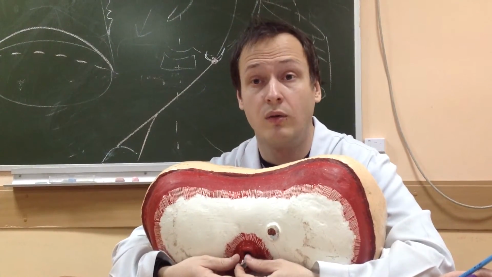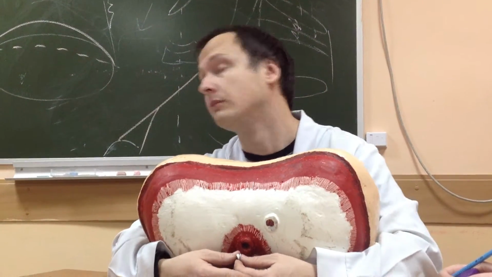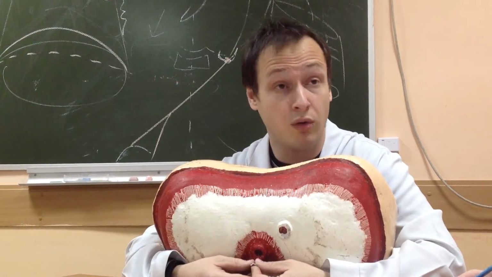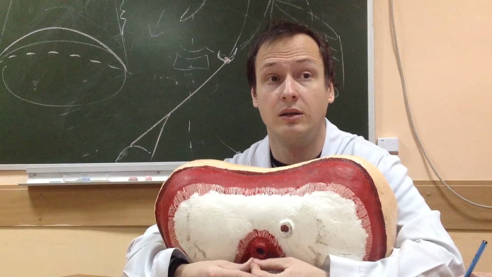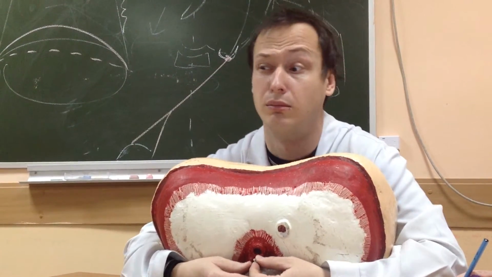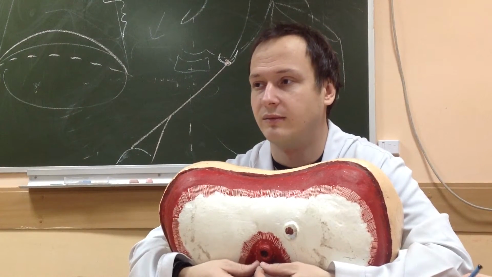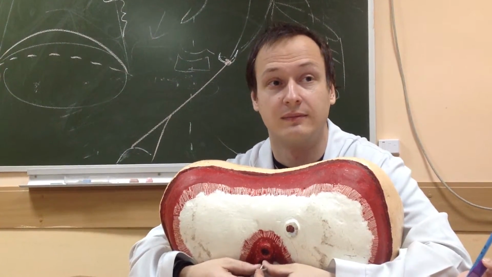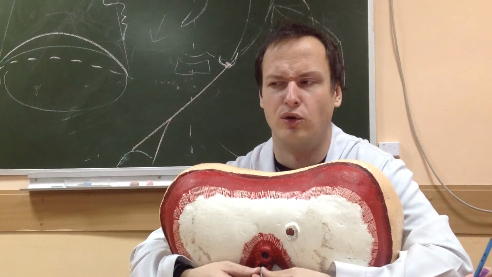The back wall of the abdominal cavity is the vertebral column and muscles of the back, right? Front and side. Show me your stomach.